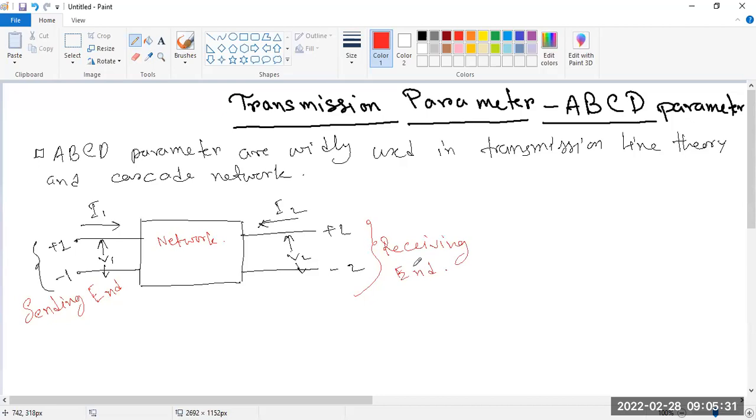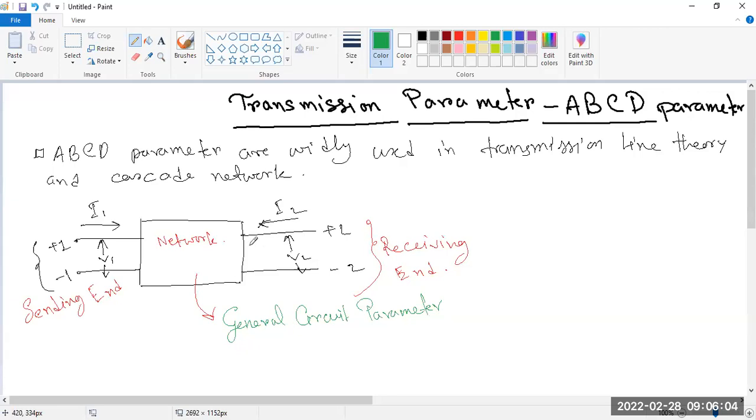This transmission parameter is also called the general circuit parameter. So in some books you will get the transmission parameter, or sometimes the general circuit parameter.